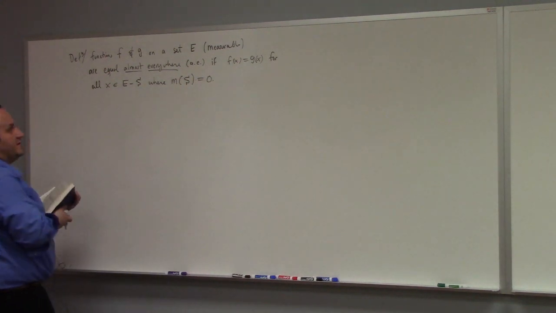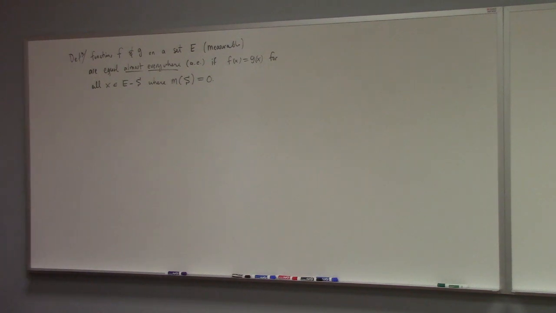In other words, two functions are equal almost everywhere if they agree everywhere except for possibly a set of measure 0, right? And of course, that set S could be the empty set, and then we just have plain old garden variety equality, right? So two functions which are equal on E are also equal almost everywhere. Okay.